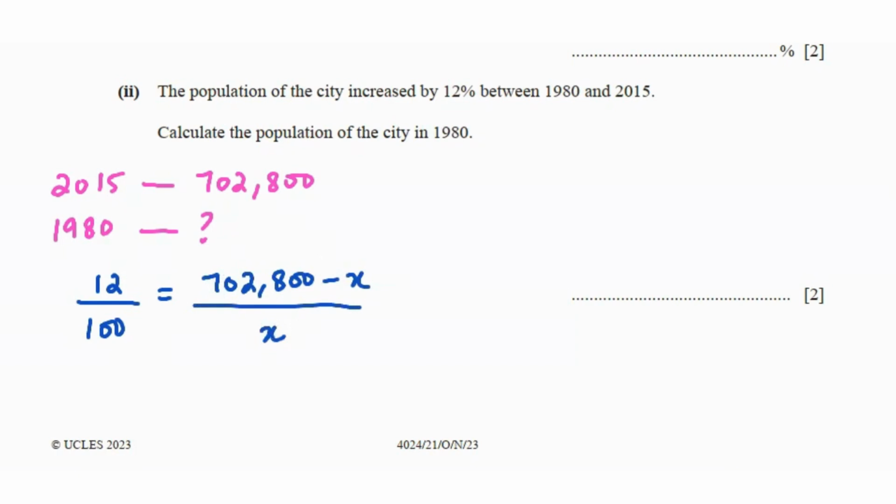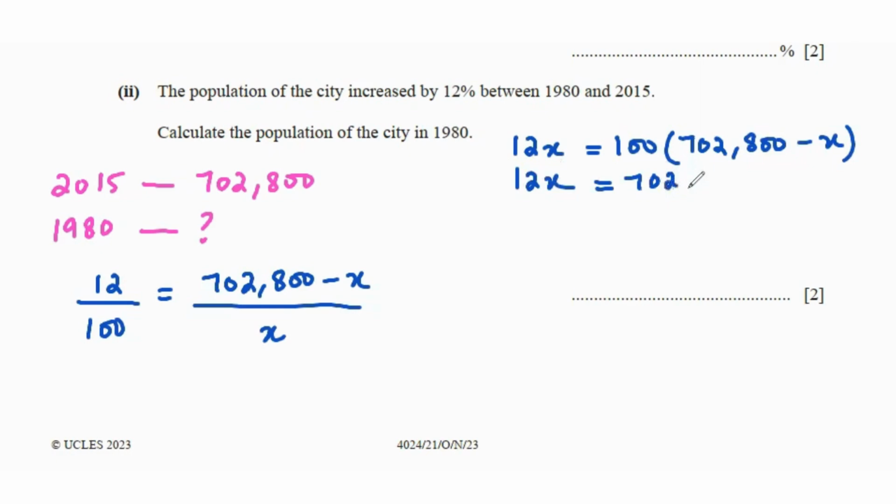Basically, when you talk about percentage increase, decrease or percentage change, in the numerator we subtract the new value and the old value and then divide it by the old value. That's what we're doing. So we cross multiply: 12x equals 100 times this, minus 100x.